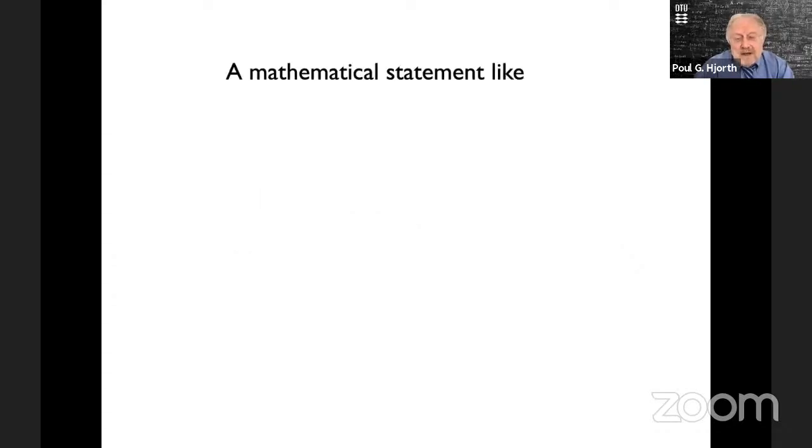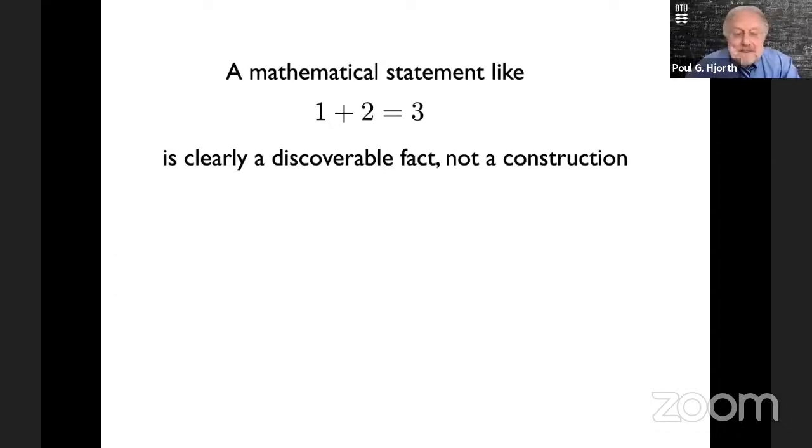But for sure, at one extreme end, a mathematical statement like this is a discoverable fact. It's something which is true independent of whether there's anyone around to see it. It is simply true, and you can discover it or not. So you don't need any people or any intelligence to notice that this is true.